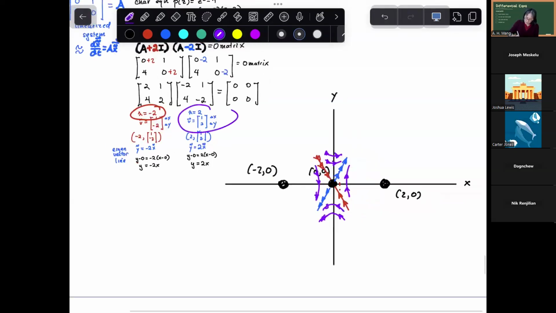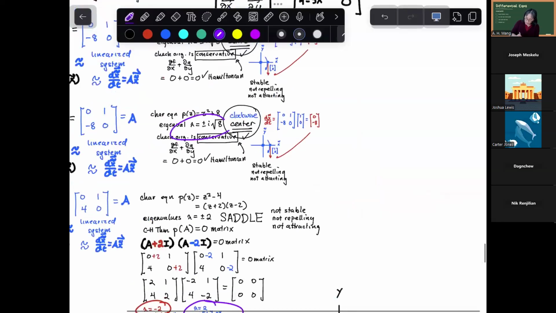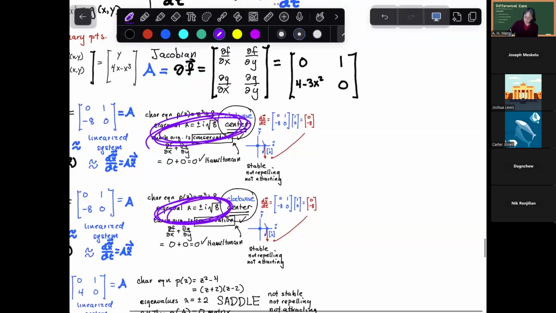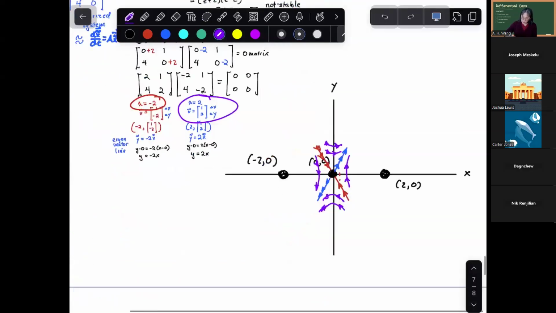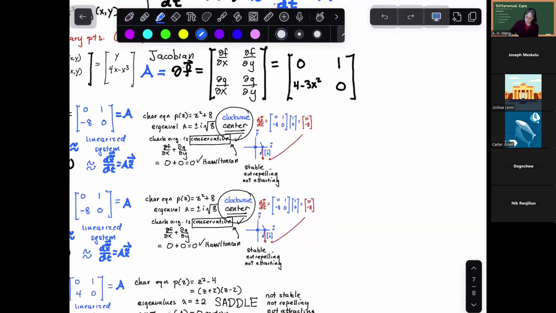Then over here, you see that you have centers because you have a pure imaginary eigenvalue. So you're going to have these centers, and we said clockwise for both of them. Notice, clockwise, right? Clockwise right here.